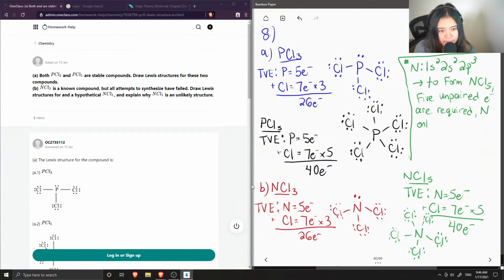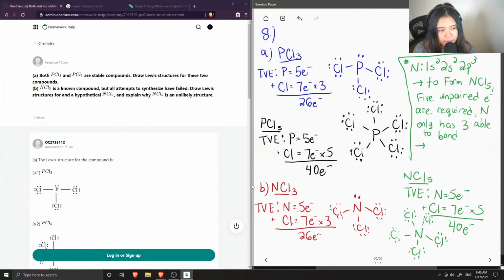Nitrogen only has 3 that are able to bond, I should say, since the electrons in the s orbitals won't participate in the bonding.